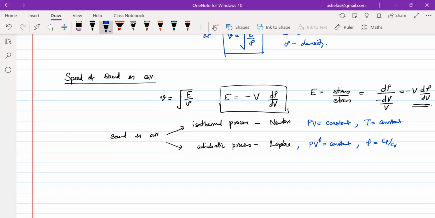Okay, so the initial idea was given by Newton. Newton proposed that the propagation of sound must be through an isothermal process, and he tried to derive the expression for speed. Practically, we already know the speed of sound in air is found to be approximately 330 meters per second.